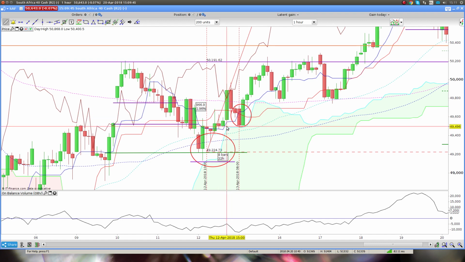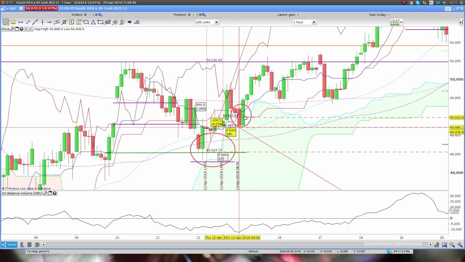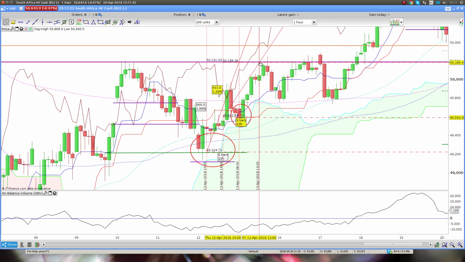Although it did come and test the bottom here, it doesn't really matter. That would have been my entry there. And I would have had a 200-point stop loss, and the stop from the bottom trade would be moved up to account for that. So it would have been a zero-sum effect if it had gone wrong. And that takes us up. We have a second trade of just short of 600 points.